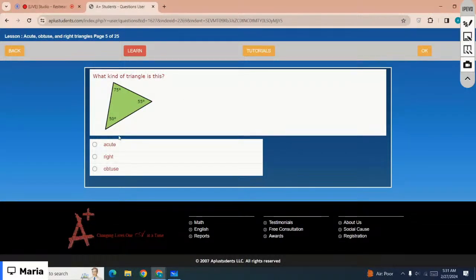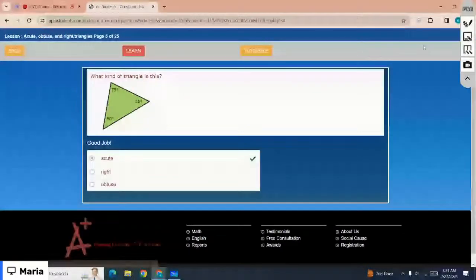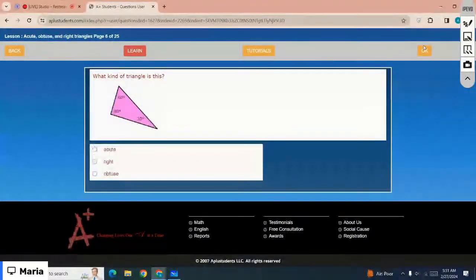It is because all the angles are less than 90 degrees, right? Yes, acute it is. What kind of triangle is this? Which is the correct option?